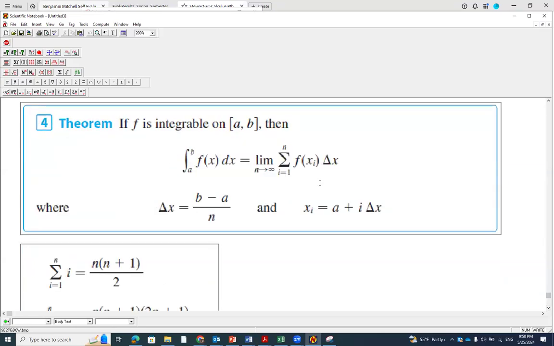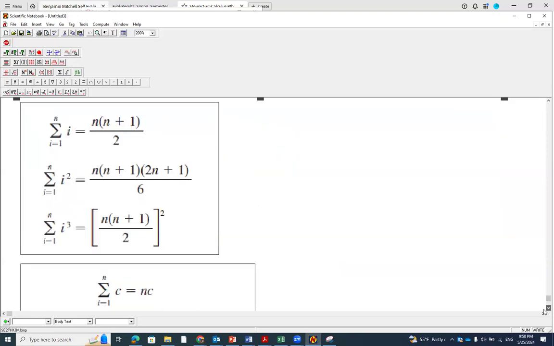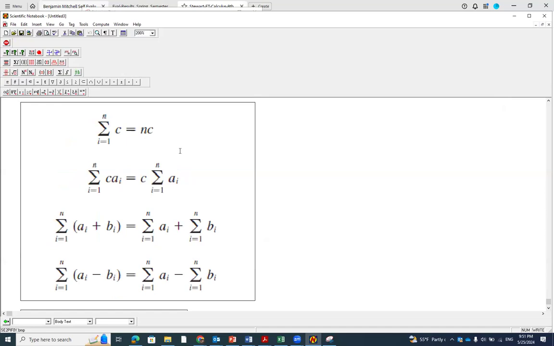And this is the general formula you can use. This is basically to tell you to construct a Riemann sum using the endpoints. You can see we use the endpoints, xi is the endpoint, right? And there's some useful formulas, which I use one of them over here. And this is the summation property.